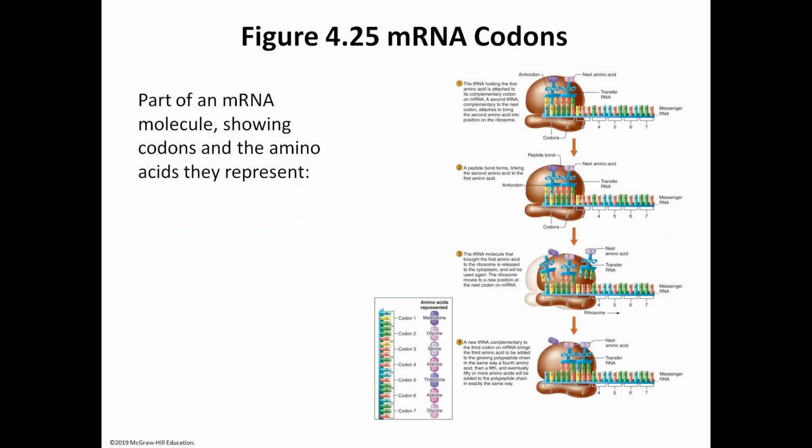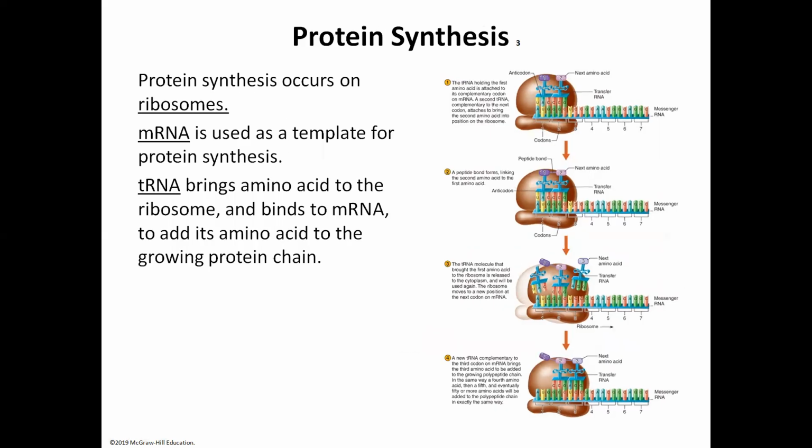Now, what you're seeing here is actually showing you that mRNA molecule on the ribosome. The brown portion is the ribosome, and the transfer RNA is actually bringing the amino acid to the ribosome and allowing for this attachment to take place. And so again, for each codon in your mRNA sequence, you have a corresponding anticodon for that transfer RNA.